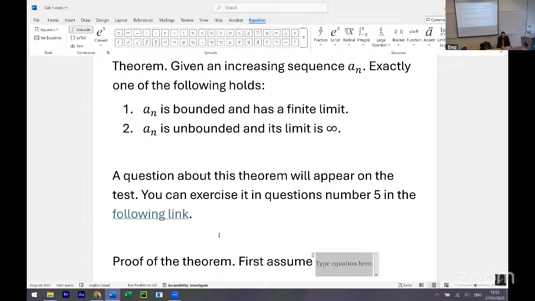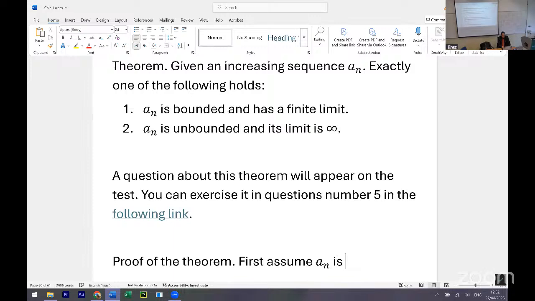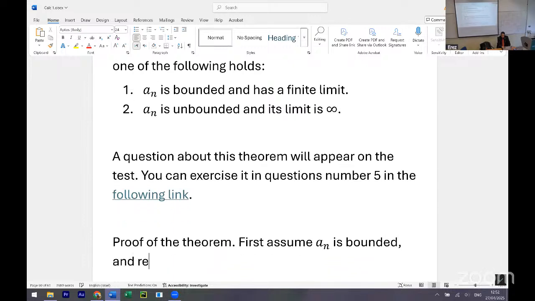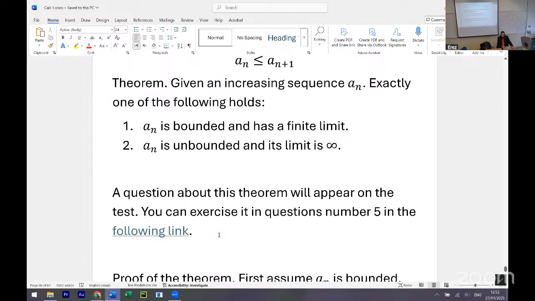First, assume a_n is bounded, and remember it is increasing. So we know that the sequence a_n is increasing, that's the data of the theorem.